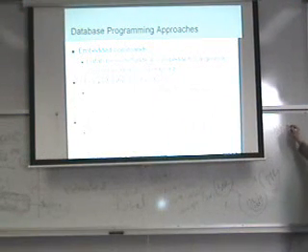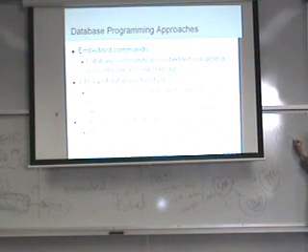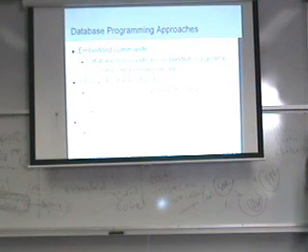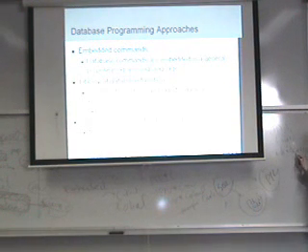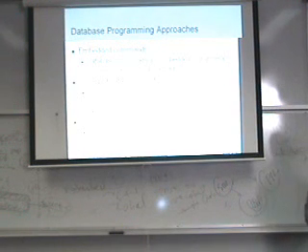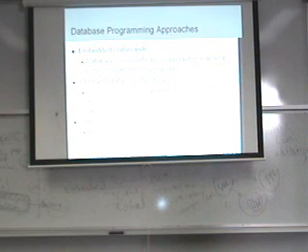JDBC is Java Database Connectivity. It's actually a library, the classes12.zip file or jar file, something like that. It's a group of libraries that includes how to access the data, how to log on to the database, and how to run the SQL that you create, select from where.